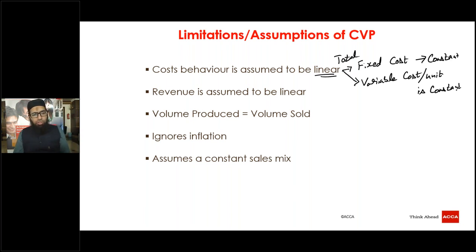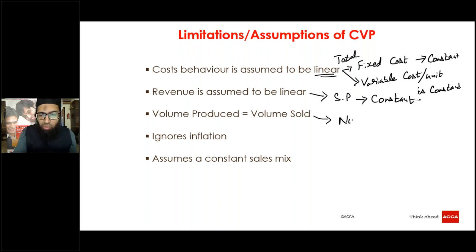We will also assume that revenue is linear, and this will mean selling price is also assumed to be constant. Then volume produced is equal to volume sold. This assumption means no inventory. We will ignore inflation.